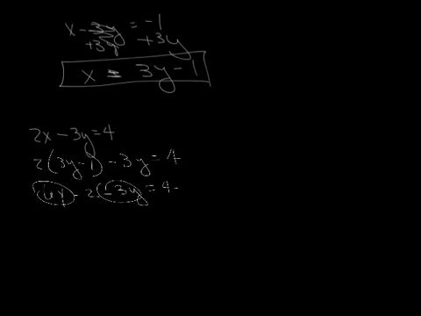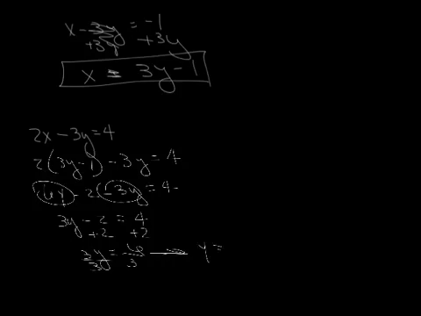Combine like terms, 6y minus 3y. Add 2. 3y equals 6. Divide by 3, and y equals 2. Okay. So I found out that my y equals 2.